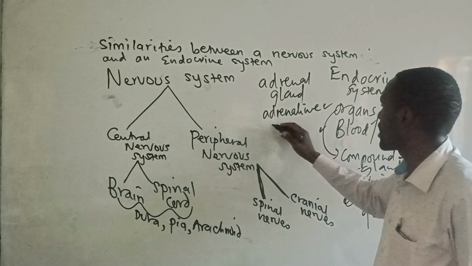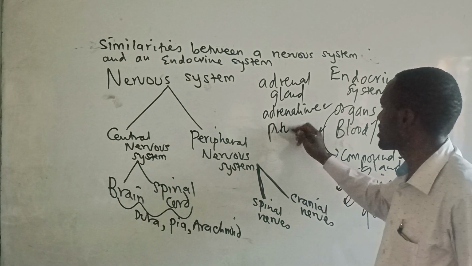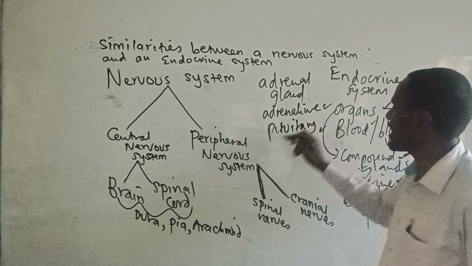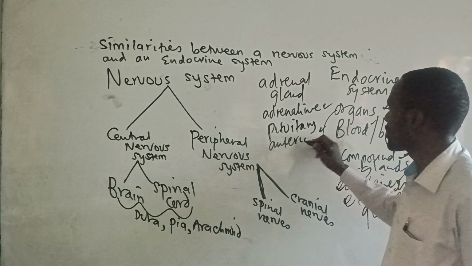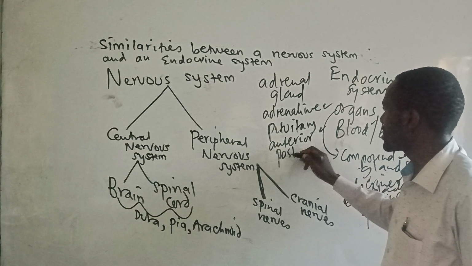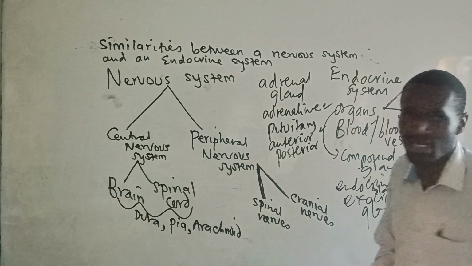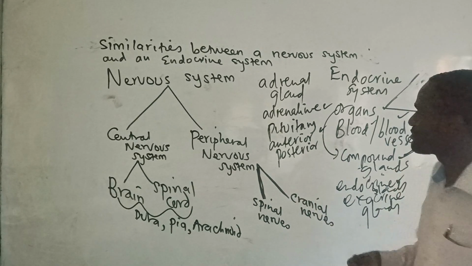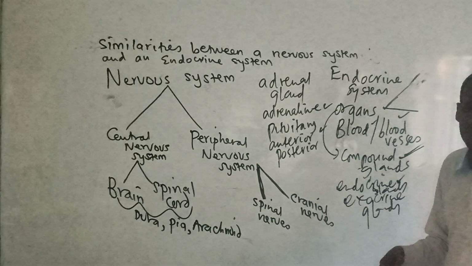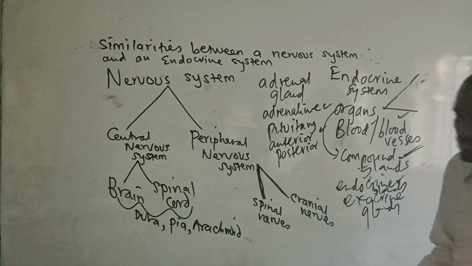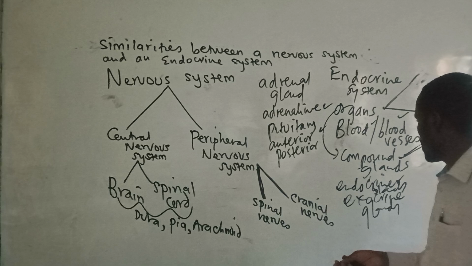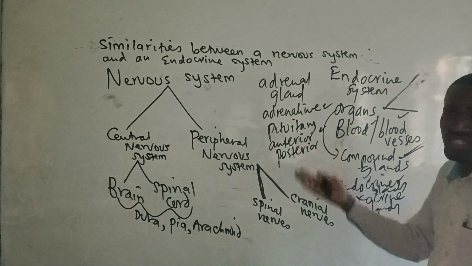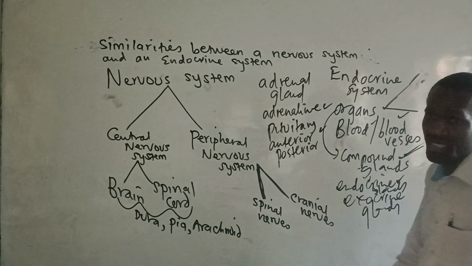We have the pituitary gland. We can have either the anterior part of the pituitary or the posterior part of the pituitary, secreting quite a good number of hormones, like the antidiuretic hormone or vasopressin. We have reproductive hormones and other hormones, like the oxytocin hormone that facilitates milk letdown.